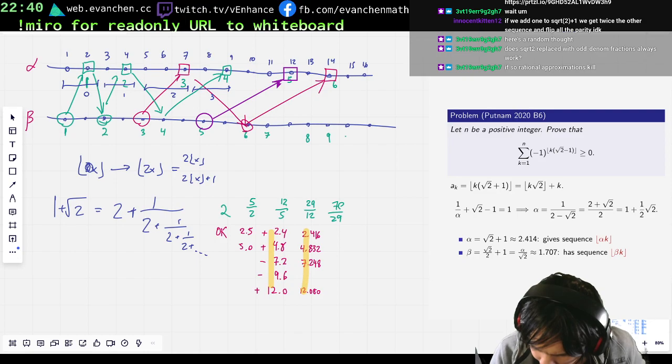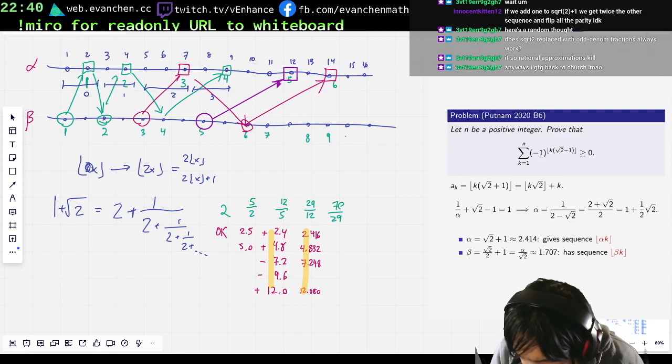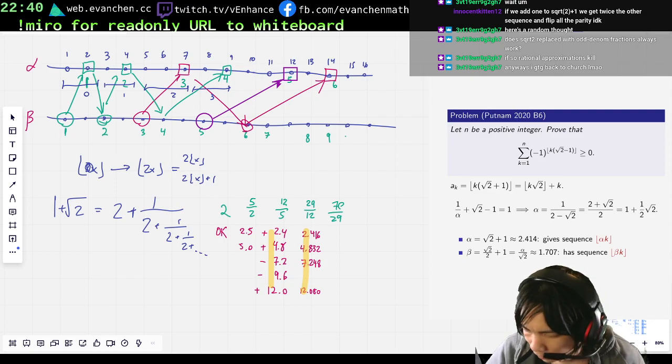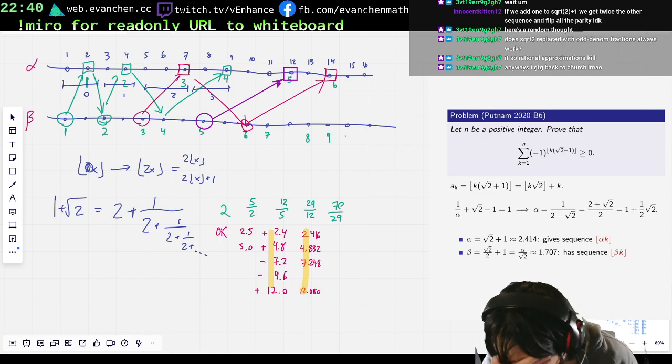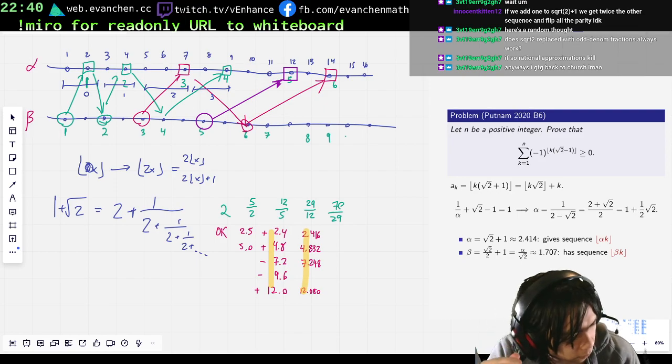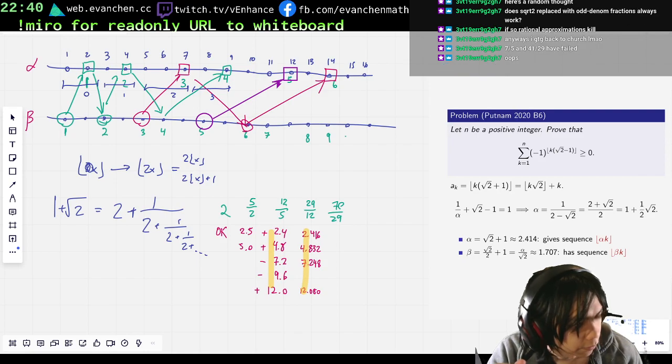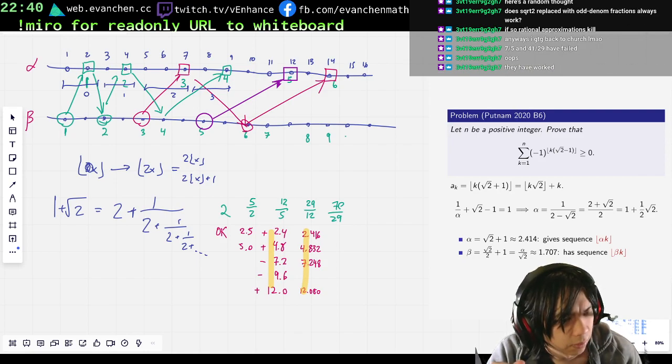You're claiming the ones with odd denominator will work. I mean, I believe that, but alright. Seven-fifths? Wait, did 7/5 fail?